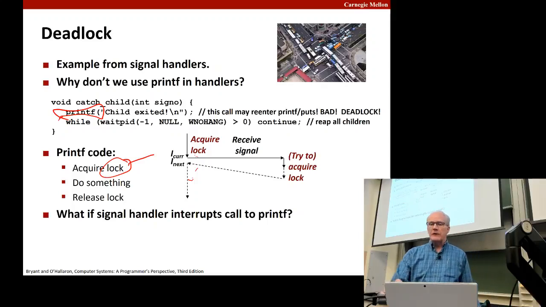And so it's a classic deadlock, although it doesn't involve 4 cars in an intersection. It's just two executions, even though they're actually all part of one process, that are waiting for each other. The signal handler is waiting for the lock to be released by the main program, but the main program is waiting for the signal handler to return before it can release the lock.